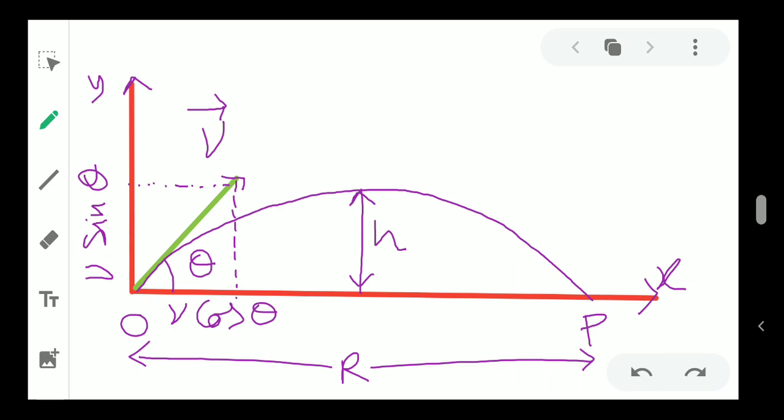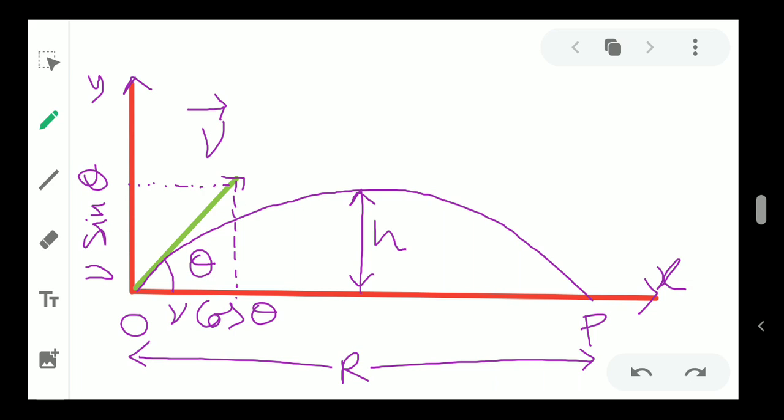So now this motion is happening in horizontal and vertical portions. Basically you can say this is motion in a plane.